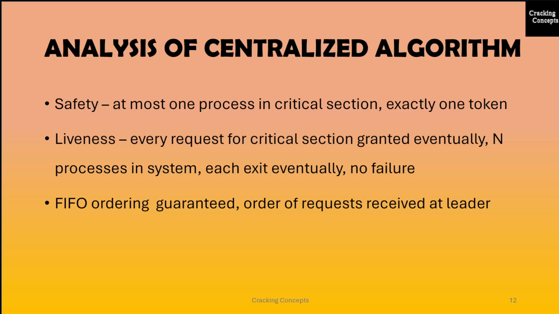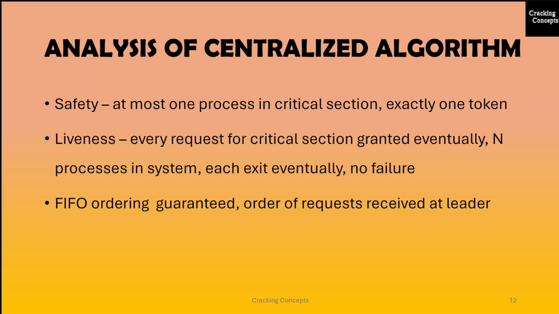Now, looking into the analysis of the centralized algorithm. When checking the property of safety, where there is at most one process in the critical section, that can be ensured here because there is exactly one token. The second property, liveness, that is, every request for the critical section being granted eventually, is also satisfied here.